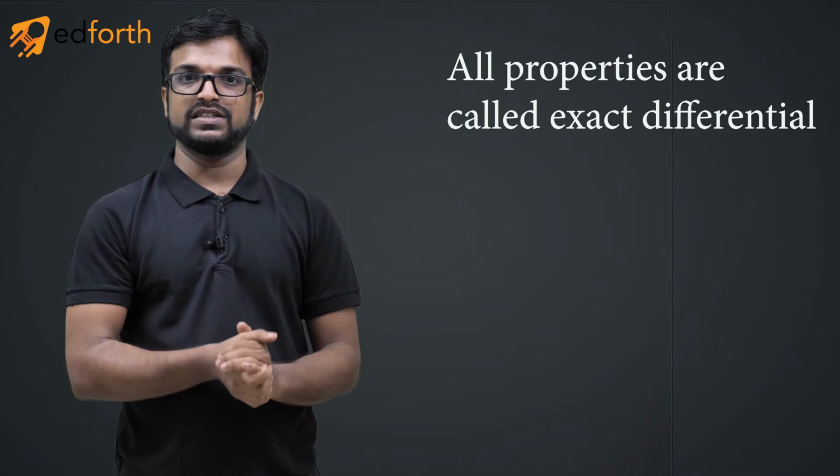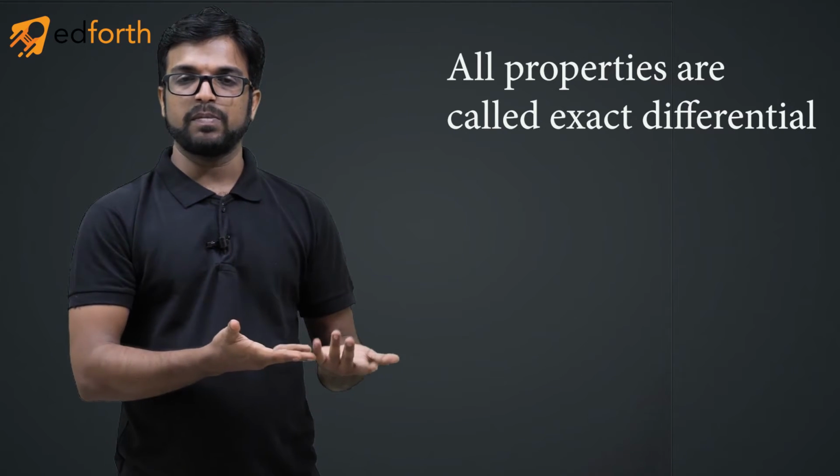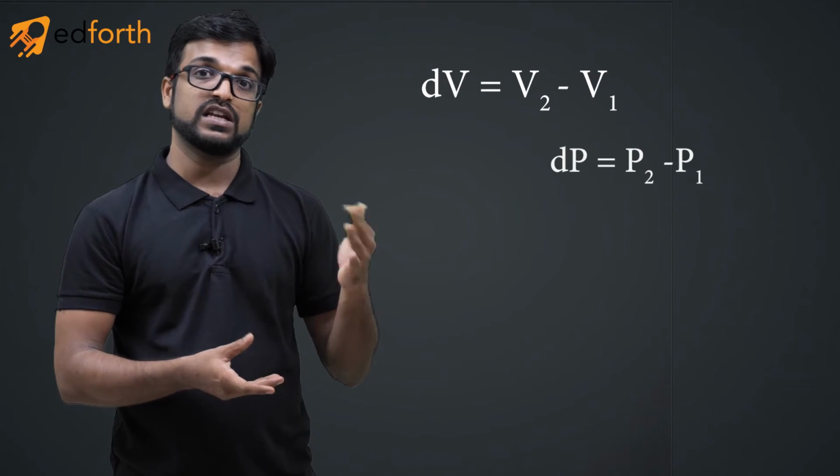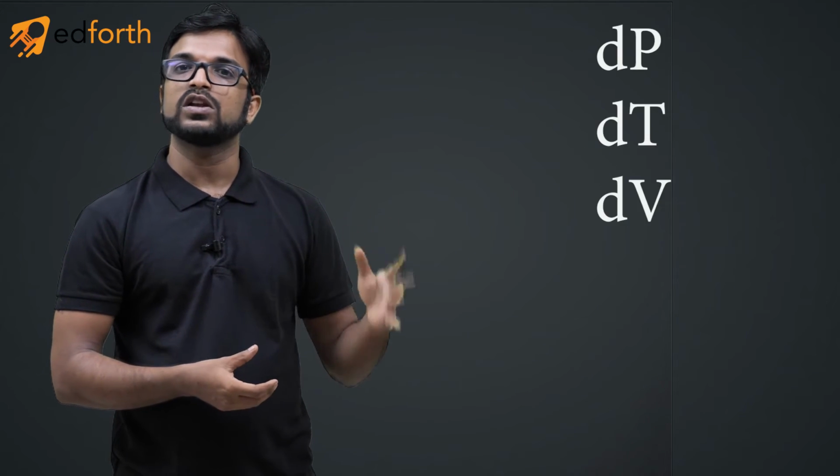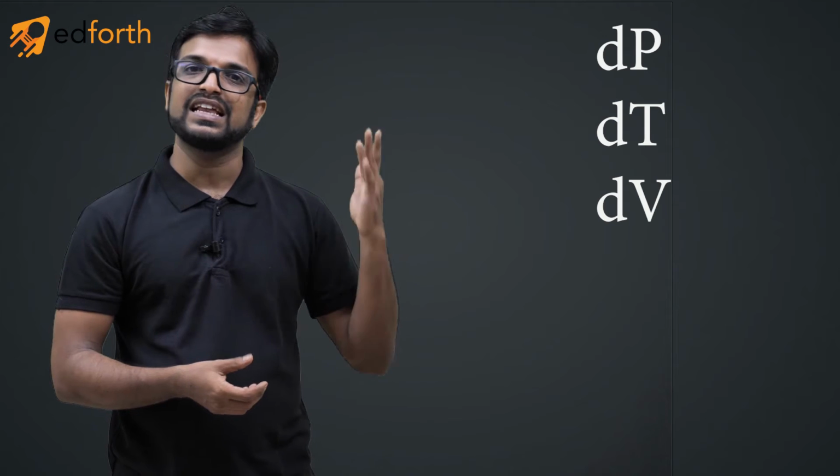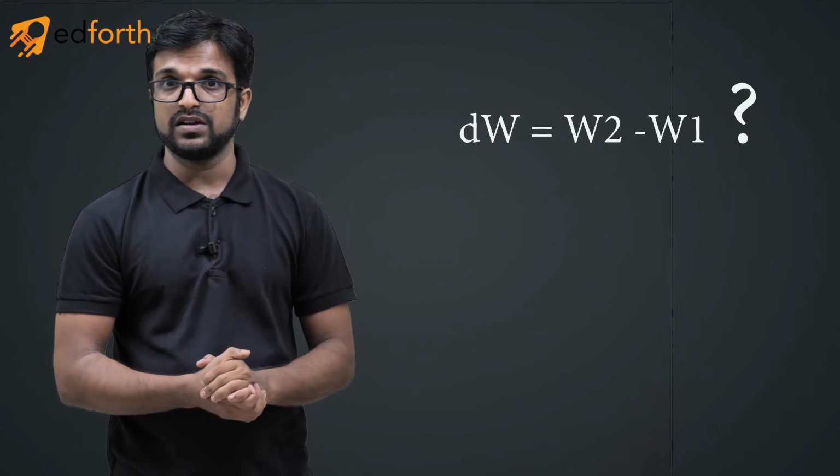Okay, interesting, right? So in conjunction with it, we can talk about exact differentials. All properties are called exact differentials. That means irrespective of the path, we can write change in volume as V2 minus V1, change in pressure as P2 minus P1. So we can write all the property changes as dP, dV, dT like that. But can I write dW is equal to W2 minus W1?